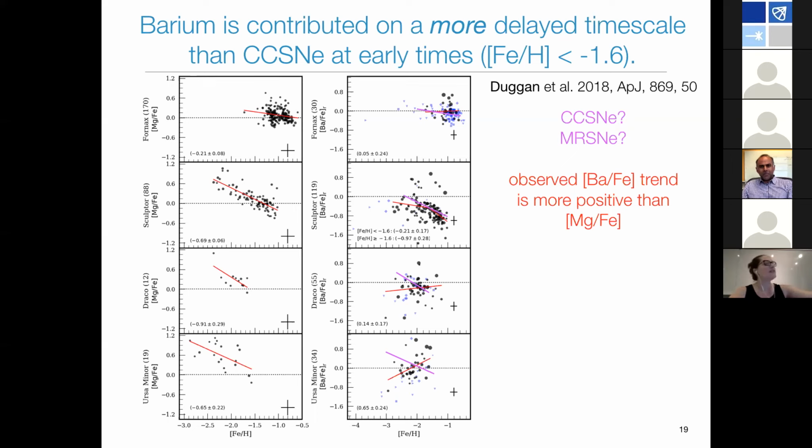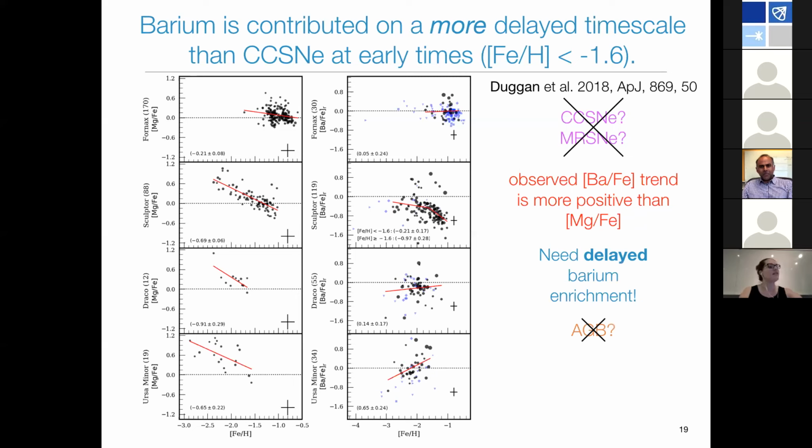What you see is that in every case, the slope at early times is much higher in barium than in alpha to iron. This means that we in fact do not have the dominant source of R process coming from core collapse supernovae and need to consider more delayed barium enrichment.